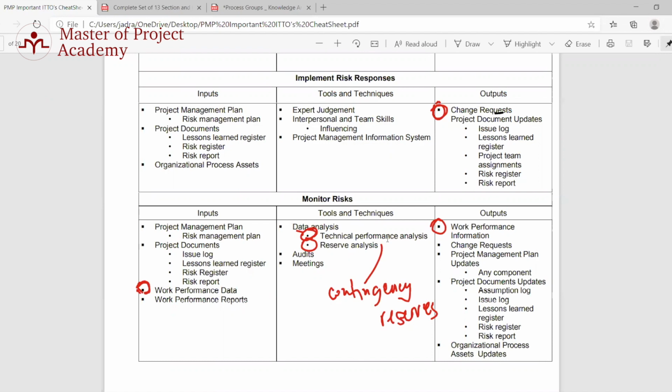I think it came up twice in this. Basis of estimates is everywhere. It is an auxiliary document to all the estimation processes.